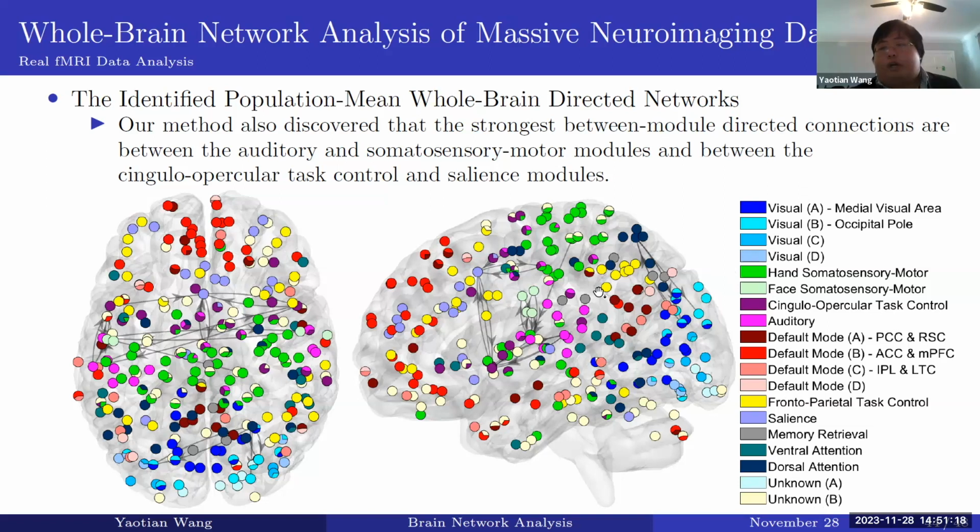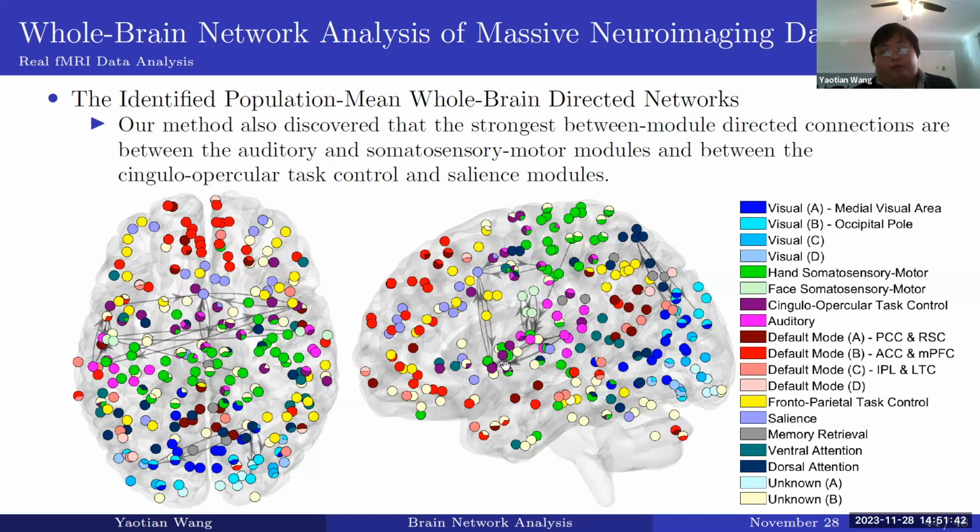However, what we are most interested in are the directed connections between modules with distinct functions. And here we found strong between-module directed connections between the somatomotor module and the auditory module, and also between the cingulo-opercular task control module and the salience module.